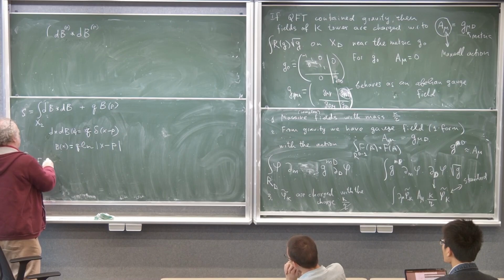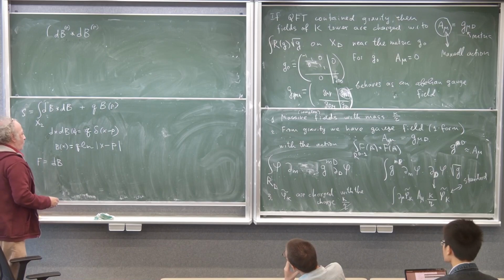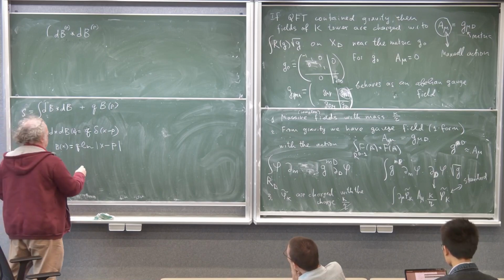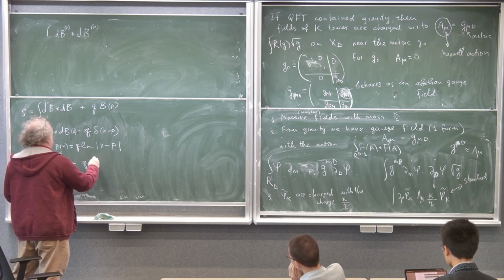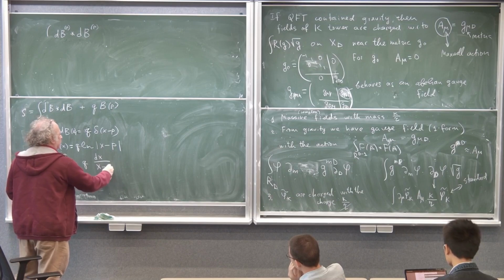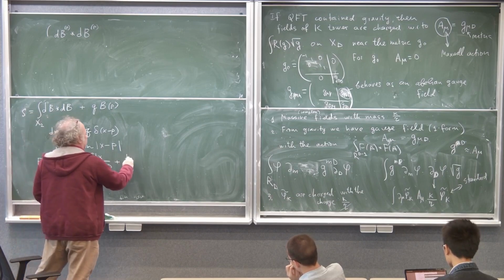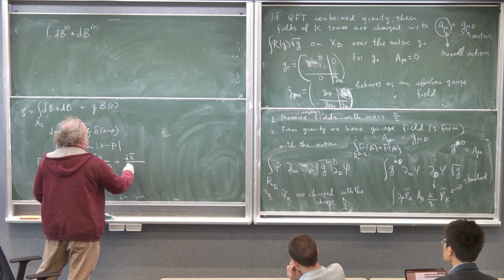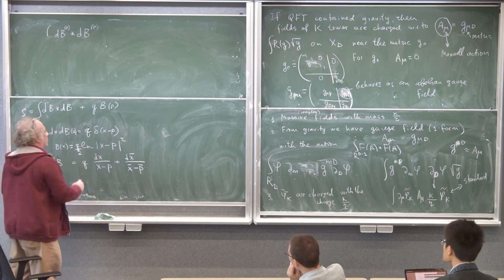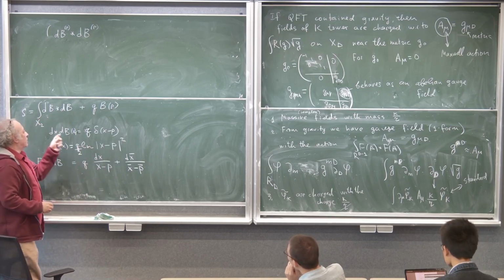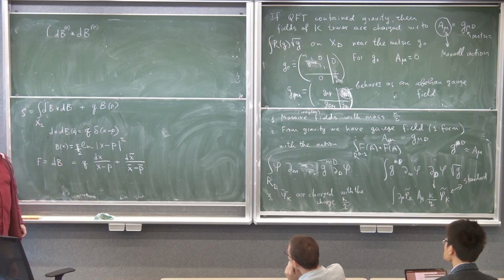So F is dB. It is Q times dx over x minus p plus d x bar over x bar minus p bar. Okay, I can put one here. It's a Green function for the Laplacian in 2 dimensions.